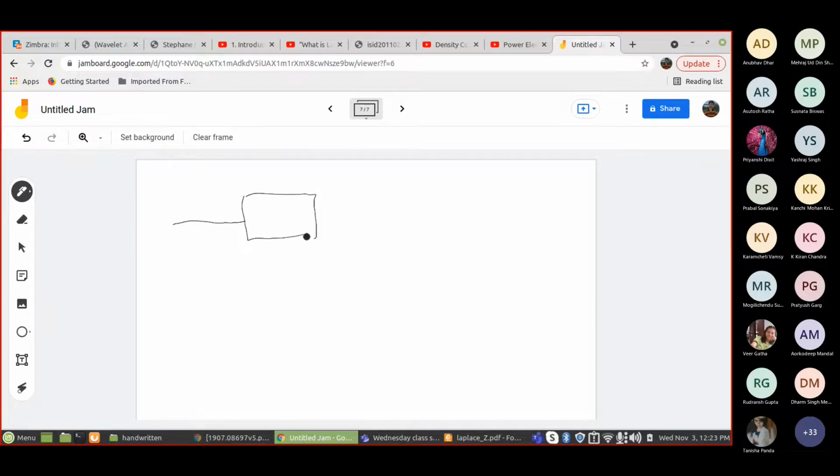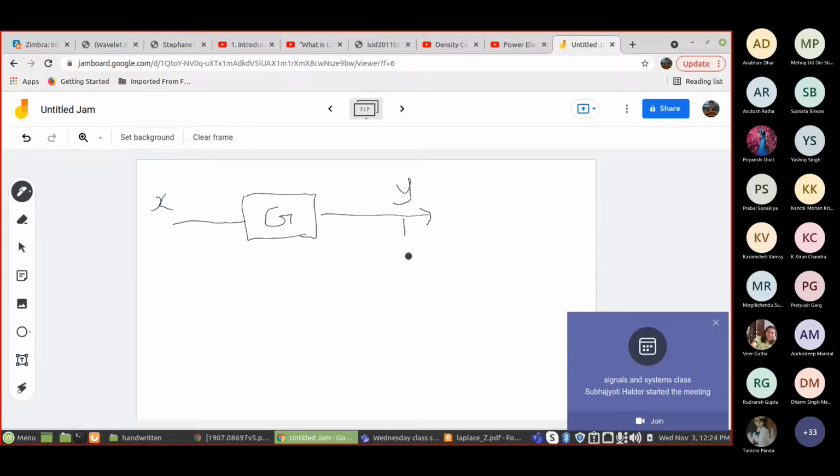This is an example of an open loop system where there is no feedback. So whatever you give as input, the system does whatever it wants to do and gives you something back. It is open loop because, okay, the loop comes from here.